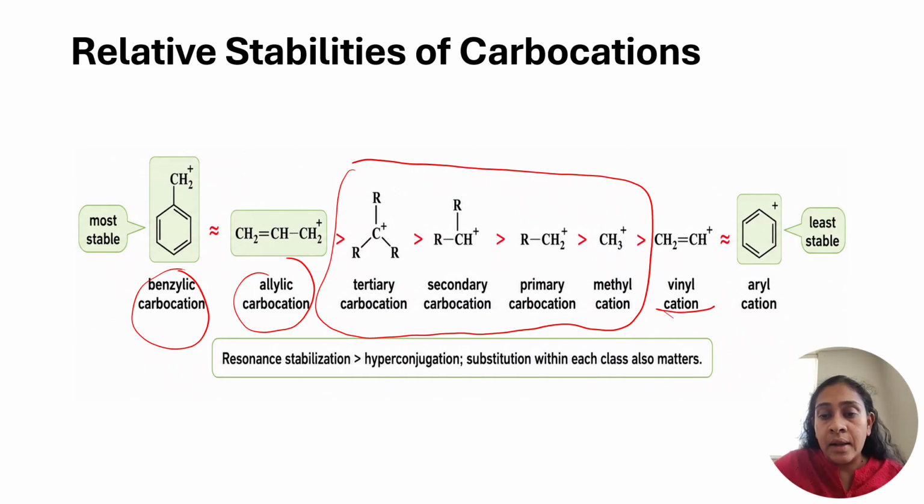Vinyl and aryl carbocations are shown at the least stable end of this trend. For the reactions we are working with, the most important comparison will usually be between tertiary, secondary, and primary. So to keep the basic trend in mind, tertiary is greater than secondary, which is greater than primary. We will use this stability trend both to apply Markovnikov rule and to determine whether a carbocation will rearrange.